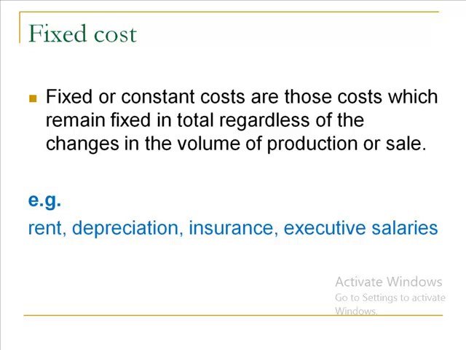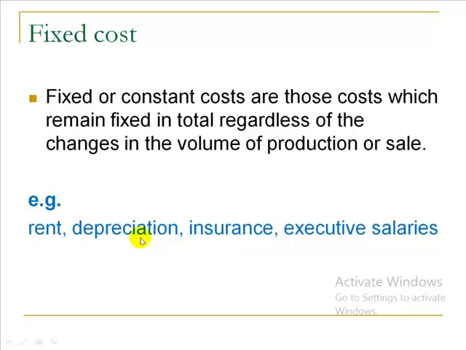Such kinds of cost which don't depend upon your production or sales are known as fixed cost. For example, depreciation. Depreciation is the gradual decrease in the value of an asset.